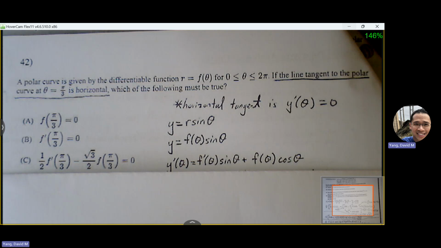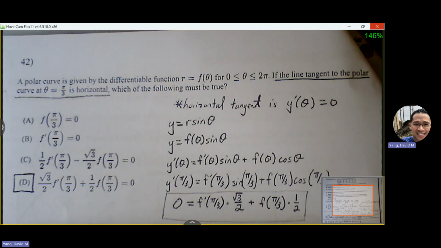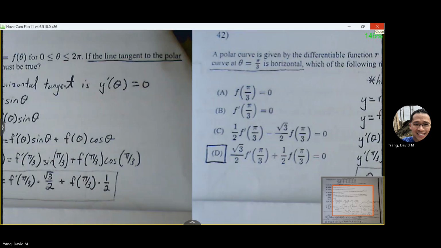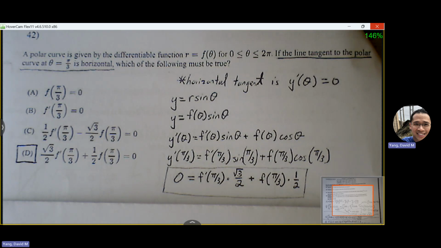Replace every theta with pi over 3, set equal to 0. Should match answer choice D.